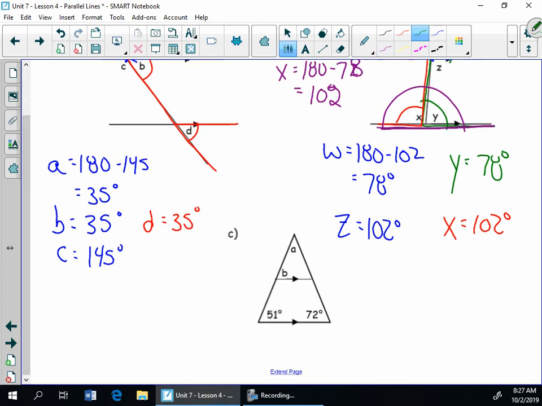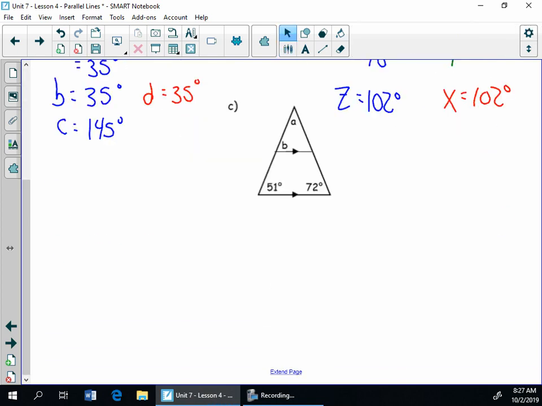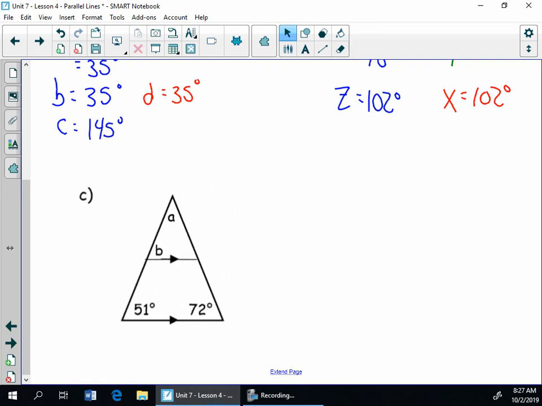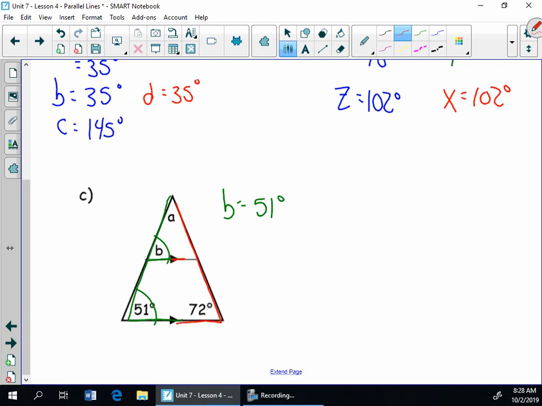Okay, let's take a look at the third example of this F pattern idea. A triangle. We know triangles. We've seen triangles before. What can I figure out in this triangle? Well, if I look at this triangle, I see I have an F right there. So 51 and B have to be the same. Similarly, on this side, I got another F pattern.